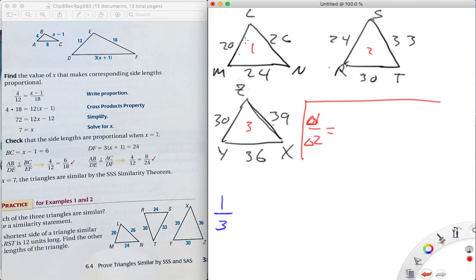Alright, so smallest side here, smallest side here. So that would be LM to RS.